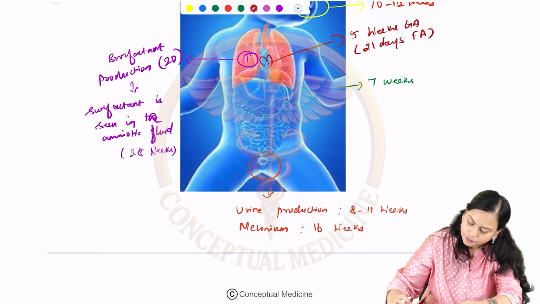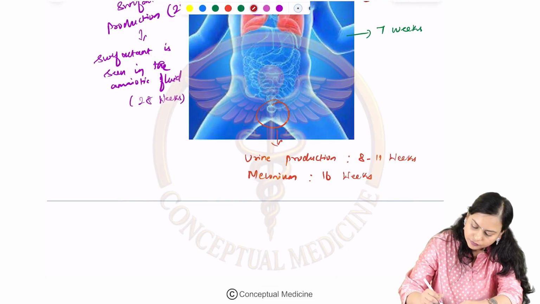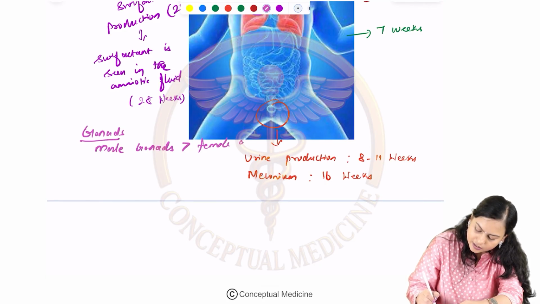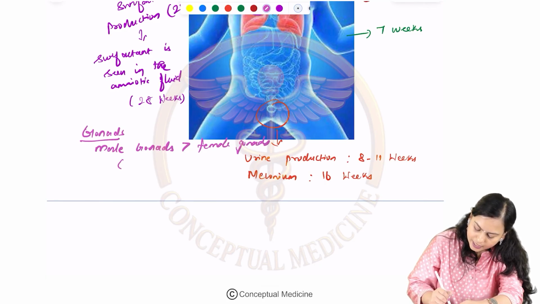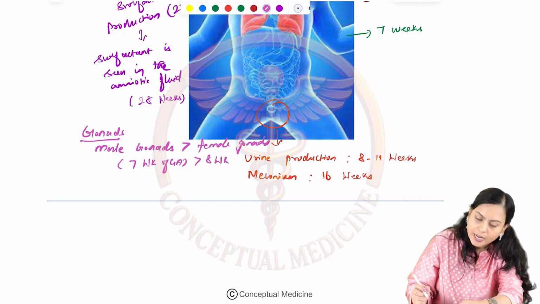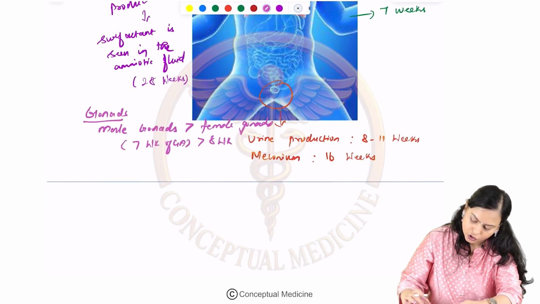Regarding the gonads, male gonads develop earlier than the female gonads. Male gonads are seen around 7 weeks of gestational age and the female gonads are seen 1 week later, maybe 8 weeks of gestational age.